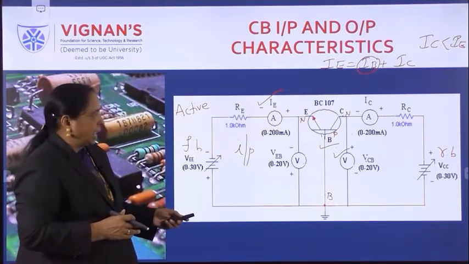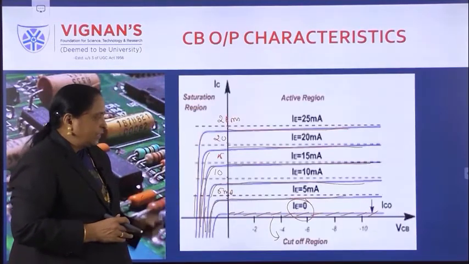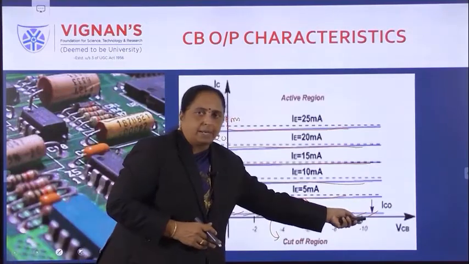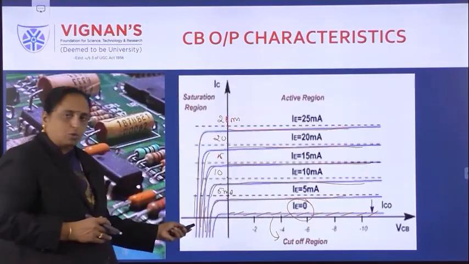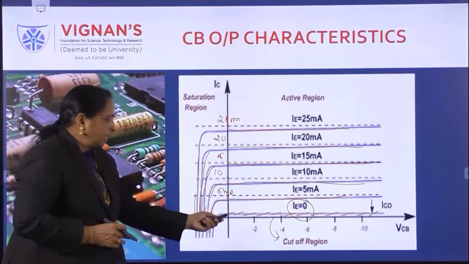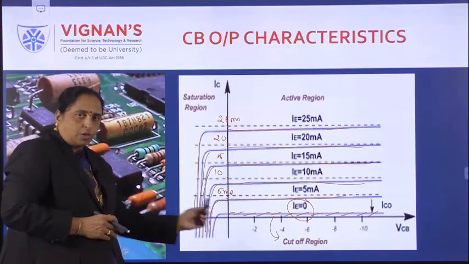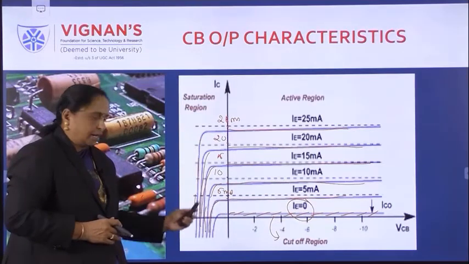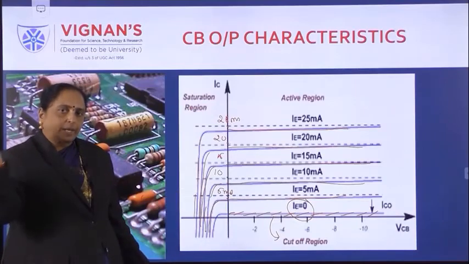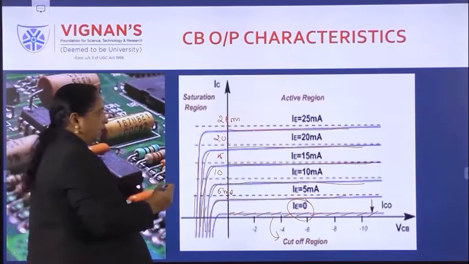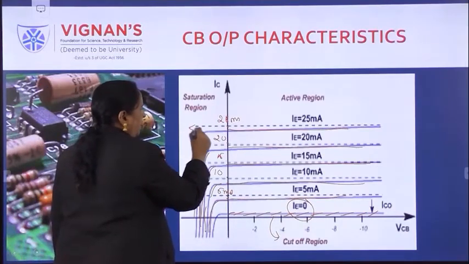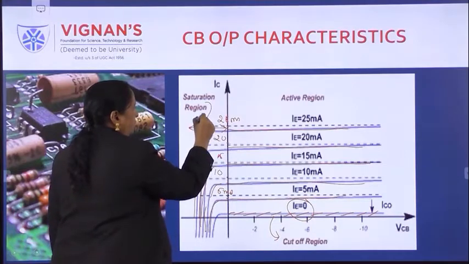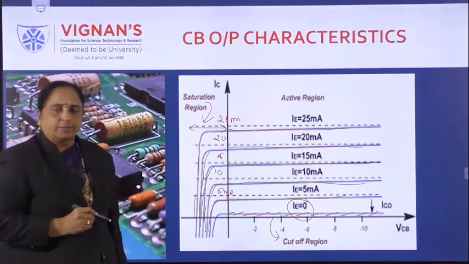Therefore, if you see the graph, this is VCB negative, and VCB positive is towards this side. So VCB is considered positive towards the left side of this graph. And already the emitter junction is forward biased. Therefore, this particular region is known as the saturation region.